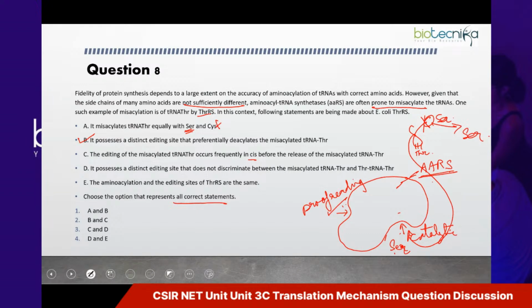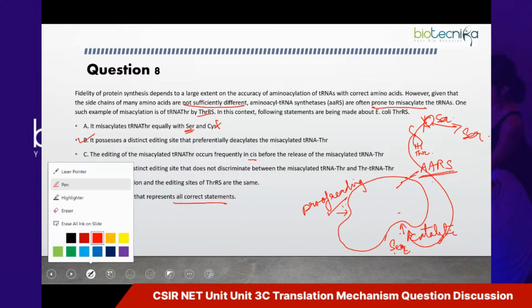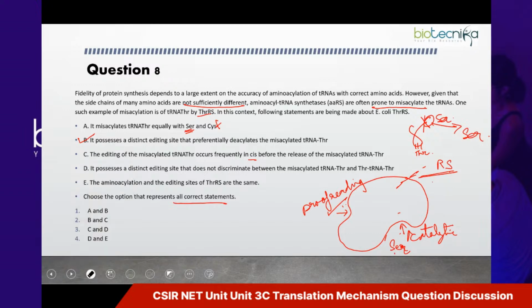If it is threonyl tRNA synthetase, its job is to add threonine only. So by mistake, if it has added serine, then in cis, the same aminoacyl tRNA synthetase molecule only will deacylate serine and replace it with threonine. So statement C is also correct.